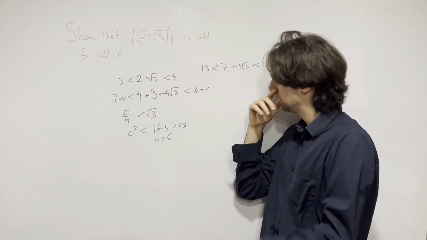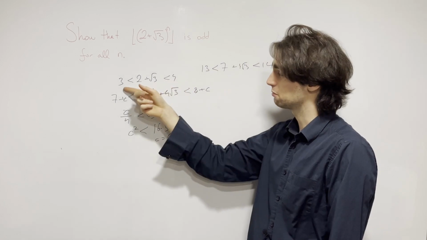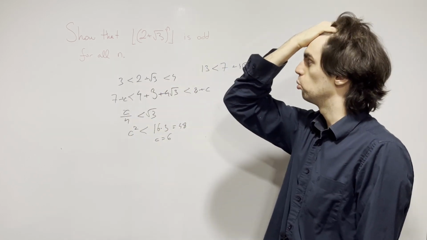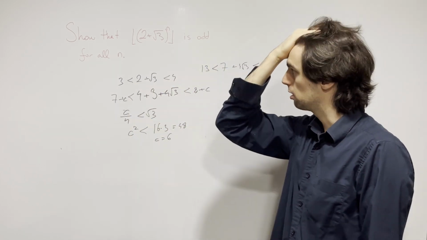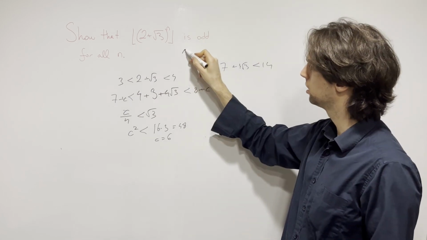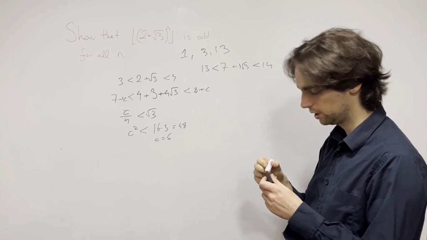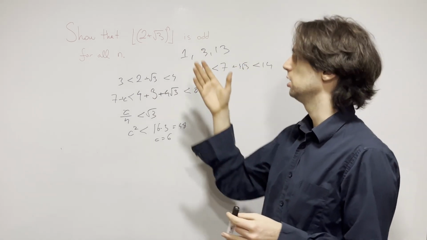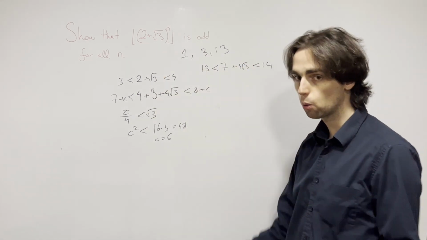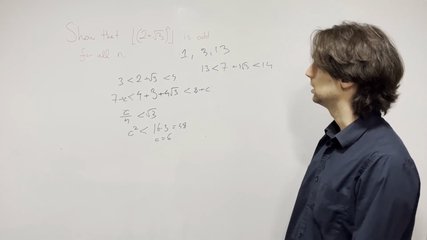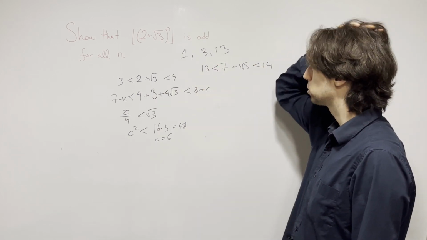Like, how do I have 13, I have 3. Where are these numbers coming from? At the beginning, I have the sequence 1, 3, 13. They need to have something to do with powers. Maybe the next one is what?